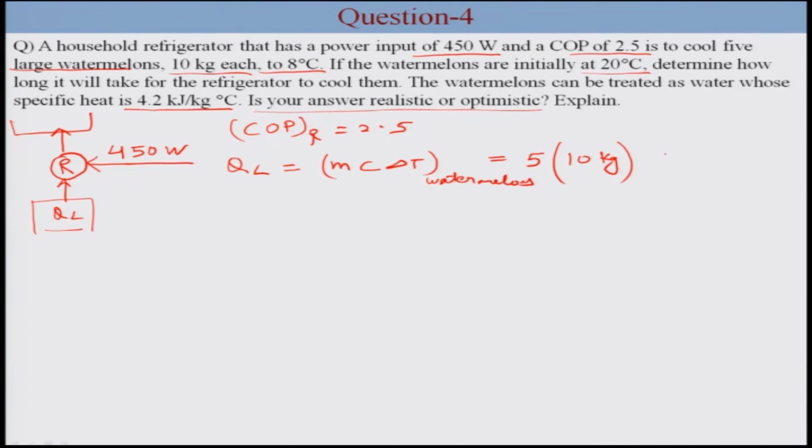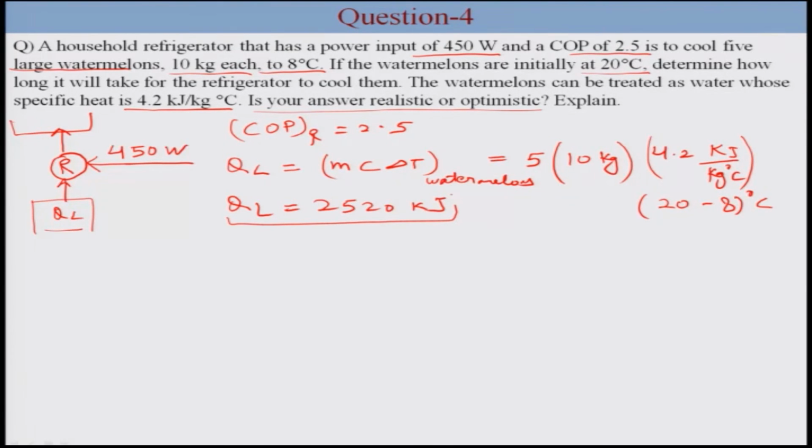The specific heat is 4.2 kilojoule per kg degree Celsius, and the temperature difference is 20 minus 8, as it is cooled from 20 to 8 degrees Celsius. So this Q L is equal to 2520 kilojoule. This is the total amount of heat which needs to be removed.